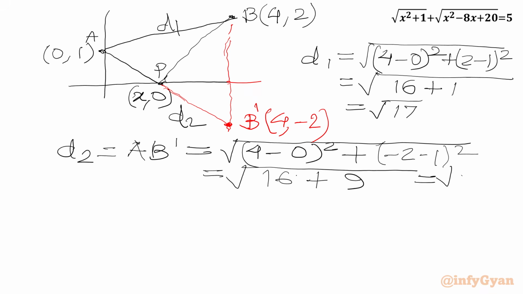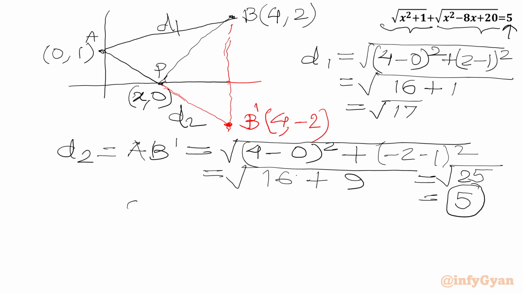So we'll be getting square root 25, which is equal to 5. And in RHS we have 5. So the summation of these two distances is nothing but 5. So we have three coordinates 0, 1, x, 0 and 4, minus 2 whose distance is 5 units. So we will pick this line.